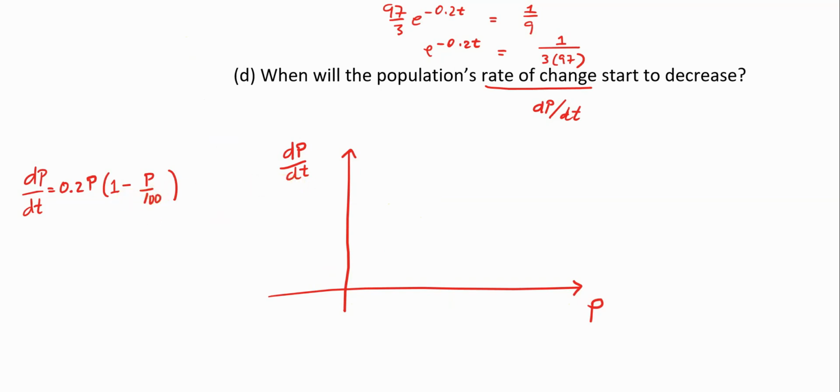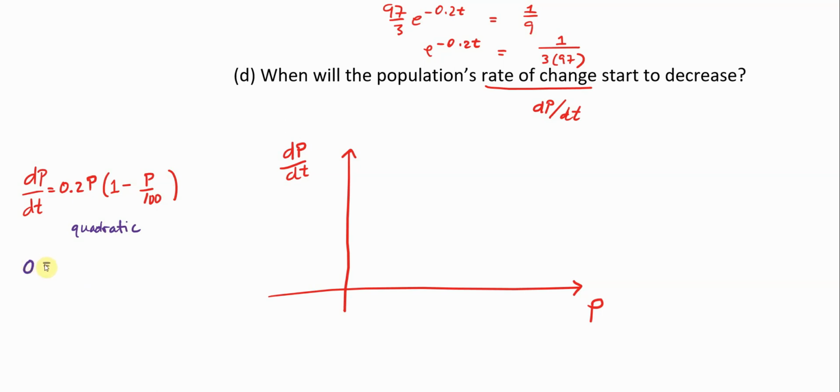And so if we treat it this way, you can see that this resembles a quadratic. If we were to multiply this out, you would get P prime, or dP/dt, is equal to some multiple of P minus some multiple of P squared. So it's going to be a quadratic. Let's solve for the x-intercept.